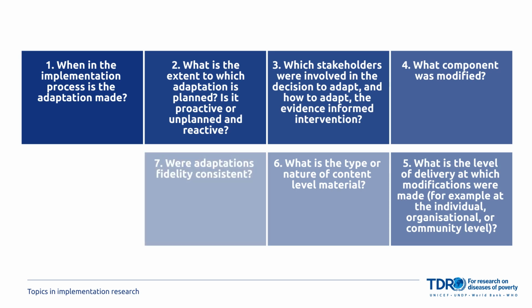Were adaptations' fidelity consistent? Were core components of the evidence-informed intervention preserved or eliminated? 8. What was the reason for adaptation? What is the goal of the modification, and what were the relevant contextual factors that informed the decision?